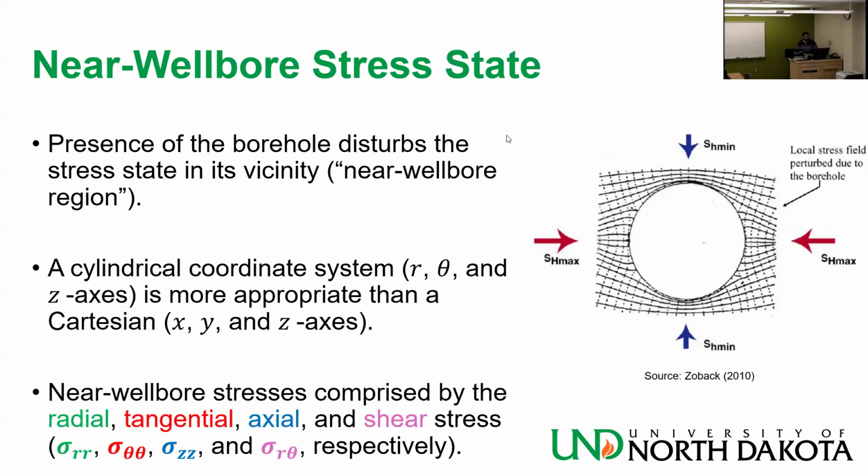And now I have 4 new stresses that determine the stress field. I have radial, that I always use green in all my papers to signify radial. Tangential, I always use red in all my papers to signify that.